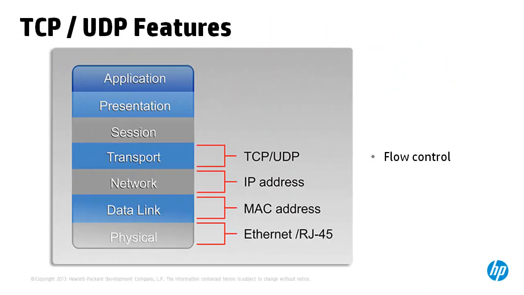TCP uses flow control. UDP does not implement flow control. So with TCP flow control, we are trying to avoid a situation where the sender is sending data too quickly for the receiver to receive it and process the received data. So the idea is, if the processing power of the receiving device cannot handle the amount of data that it's receiving from the transmitter, it can tell the transmitter to slow down.